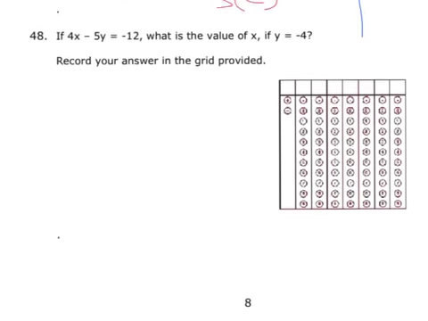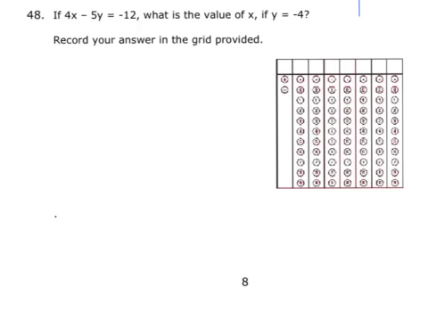48. If 4x minus 5y equals negative 12, what is the value of x if y equals negative 4? Okay, 2 ways to solve this. The quick and easy way would be to just substitute negative 4 in for y. So it says y is negative 4, and I could just put that negative 4 in right there for y.